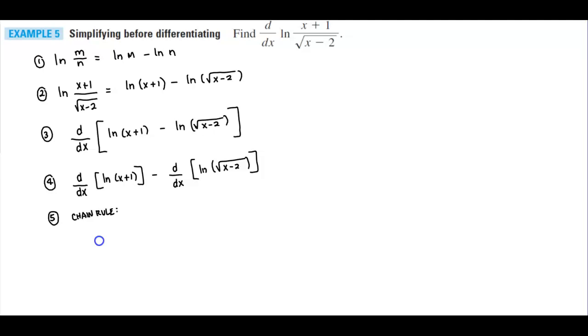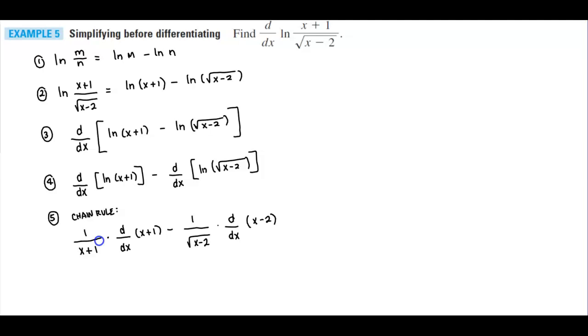By using the chain rule, for the first one, we end up having 1 over (x + 1) times the derivative with respect to x of (x + 1), minus, we have 1 over the square root of (x - 2) times the derivative with respect to x of the function (x - 2).